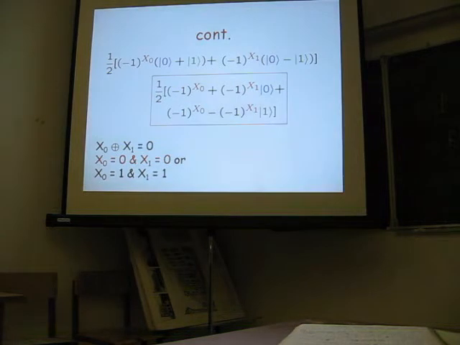And now look at this state I have here, and let's look at this top part. So x0 is 0, so that means that here I have -1 to the 0, that's 1. And here I have -1 to the 0, which is also 1, so here I have 2. Multiplied by half is 1. So that means the amplitude sitting in front of the 0 basis state is 1. That means that if I measure this thing, then the probability of seeing a 0 is 1 squared, is 1.